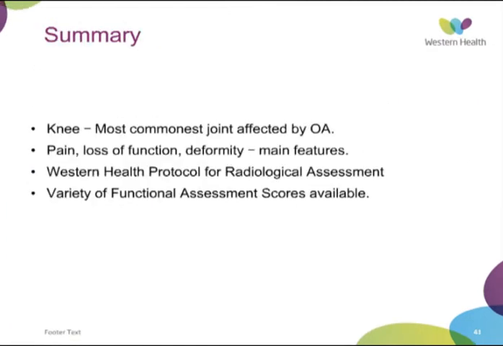So in summary, the knee is the most common joint affected with osteoarthritis. Pain, loss of function and deformity are the main features. The Western Health has a radiology protocol on how to take x-rays preoperatively and also postoperatively. And there's a variety of functional assessment scores available.